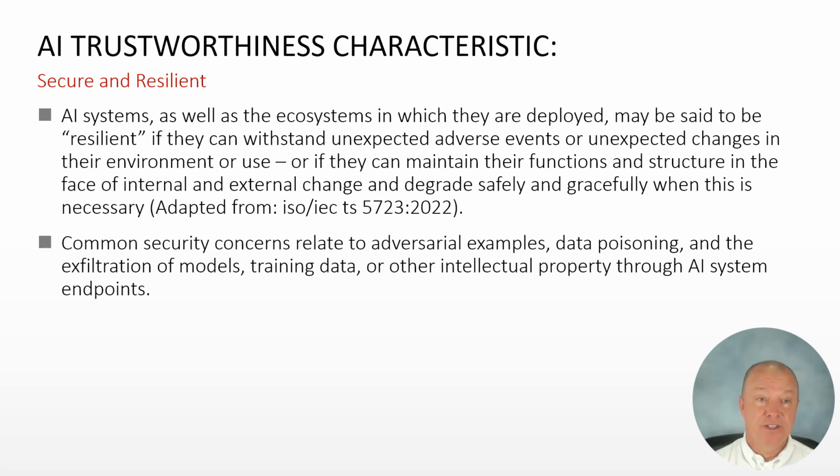The next AI trustworthiness characteristic is secure and resilient. AI systems, as well as the ecosystems in which they're deployed, may be said to be resilient if they can withstand unexpected adverse events or unexpected changes in their environment or use, or if they can maintain their functions and structure in the face of internal and external change, and can degrade safely and gracefully when this is necessary.